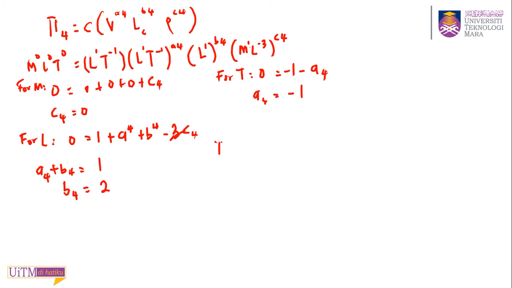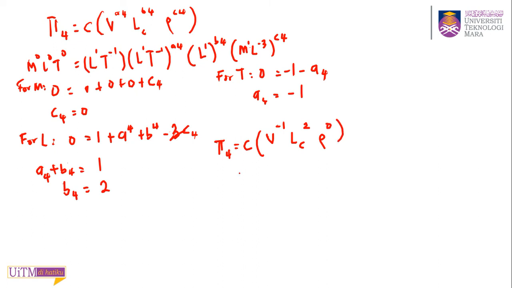Now the pi 4 will be equal to C times V to the power A4 minus 1, L to the power C B4 is 2, and rho to the power C4 is 0.